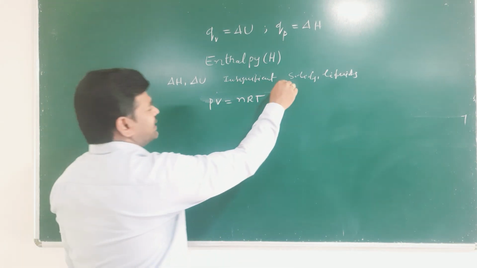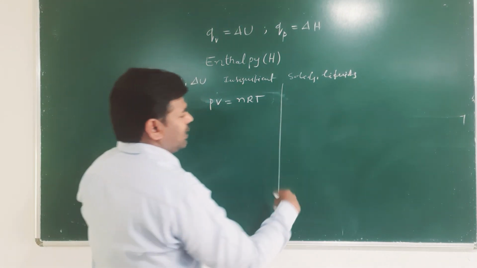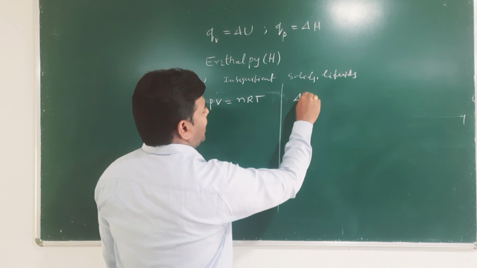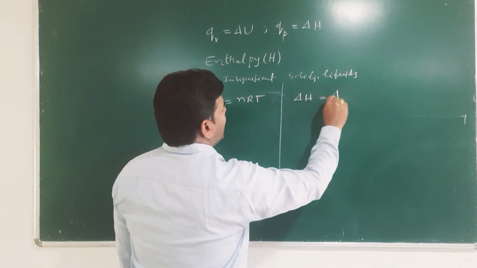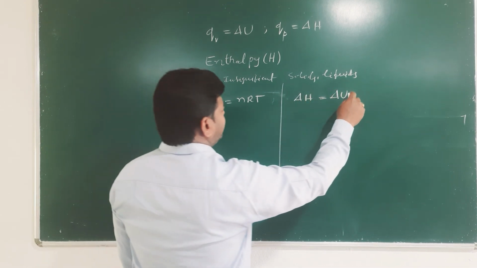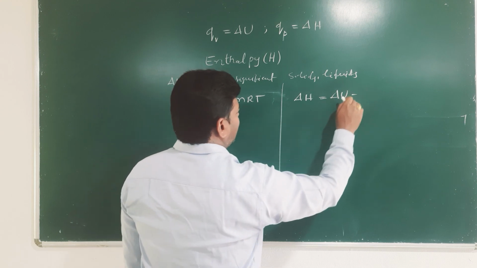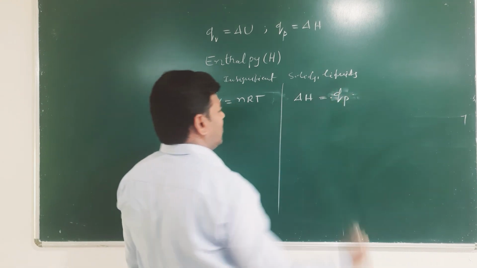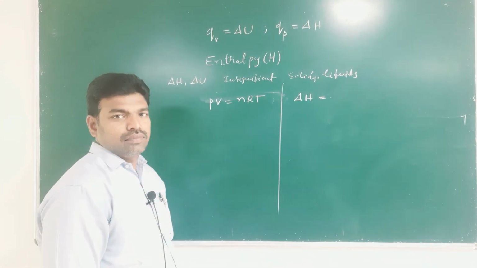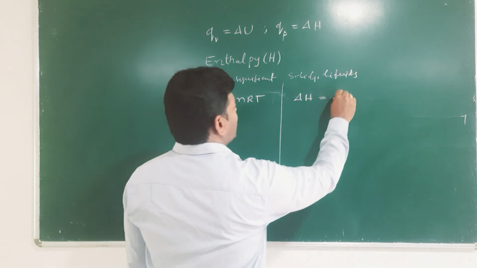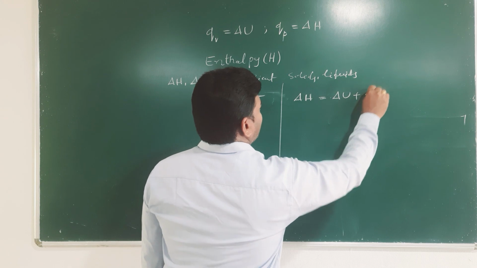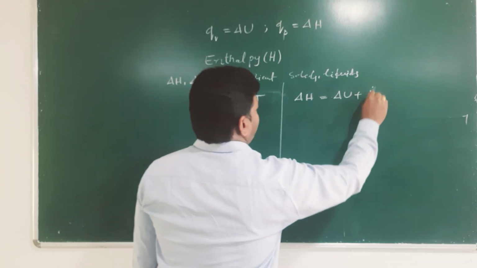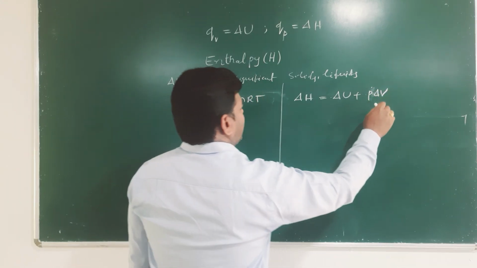So what is the relation that we obtained from the previous derivation? Delta H is equal to delta U plus P delta V, that is QP.